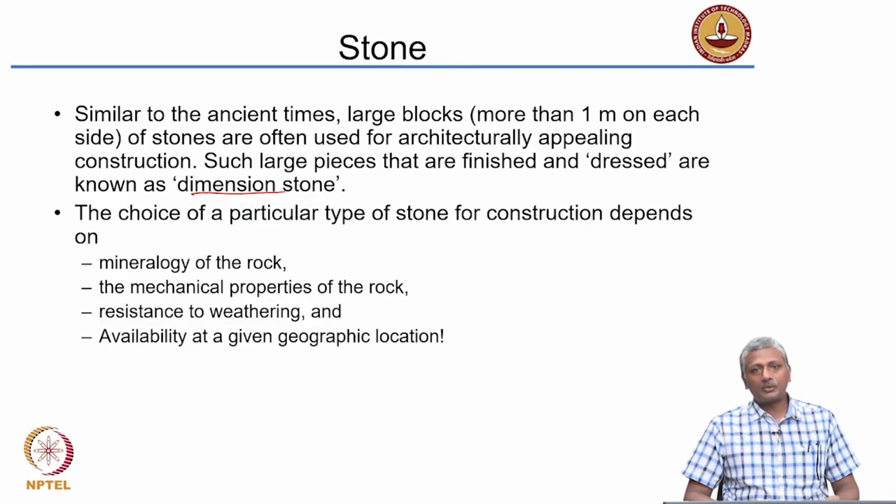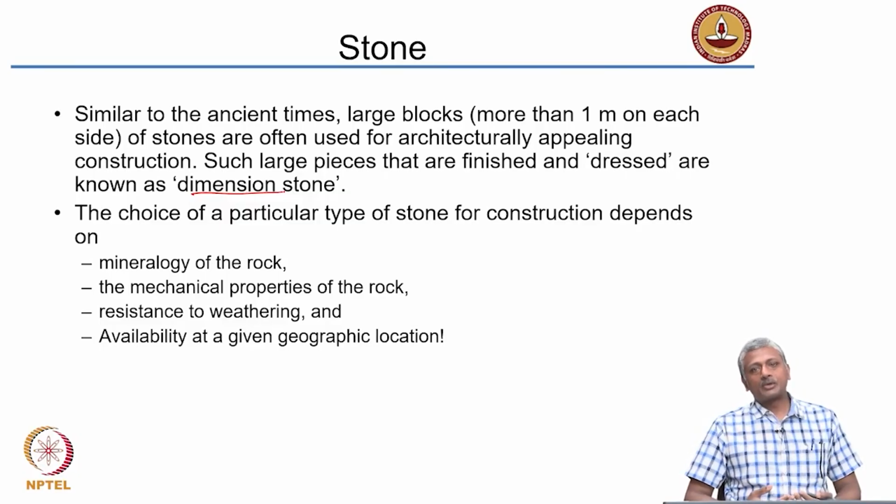For example, if you are down in the south, in most cases you will get granite quite easily available. If you are in Andhra Pradesh or in Tamil Nadu, you will see a lot of granite being used for the large monumental structures. If you go to Kerala, as I said earlier, laterite is quite popular. Okay. So, the availability is a primary deciding factor for using a particular type of stone.